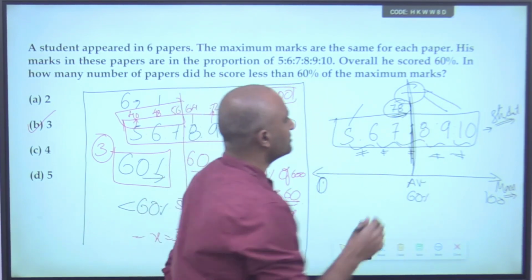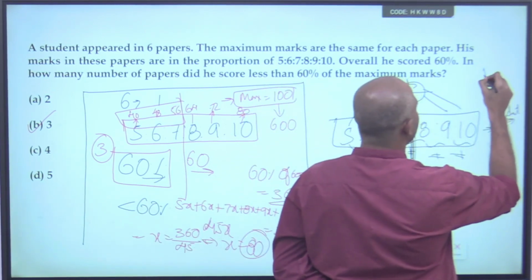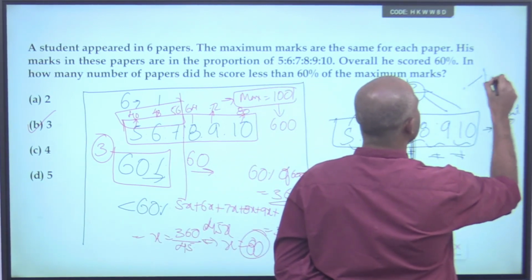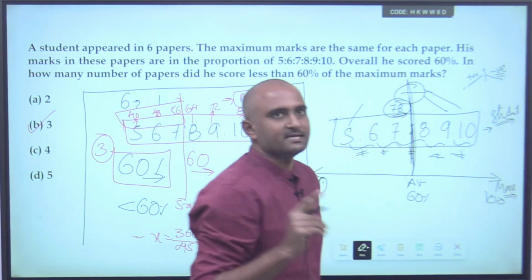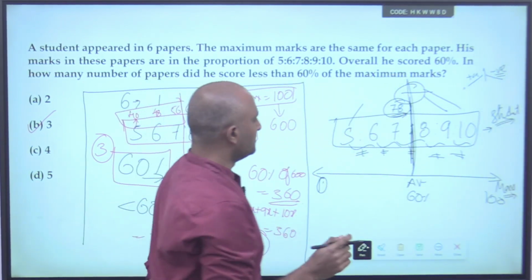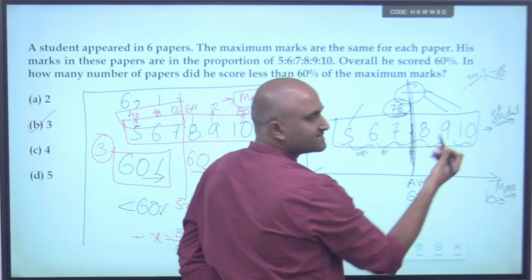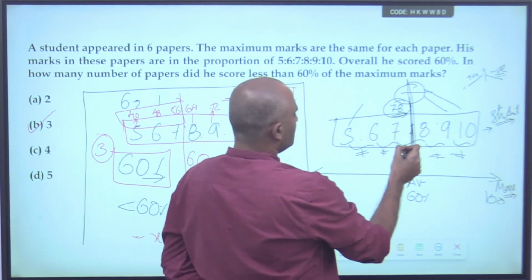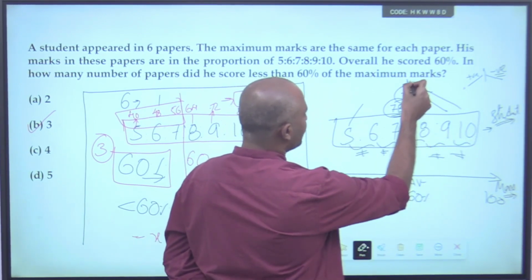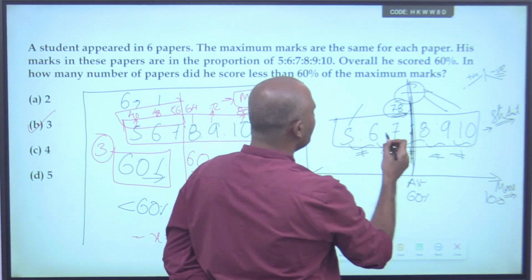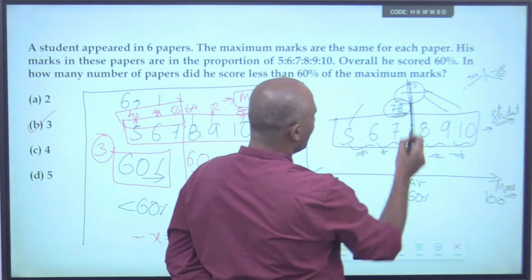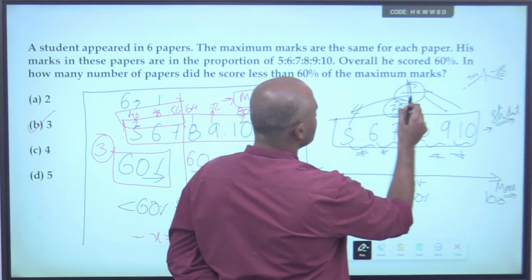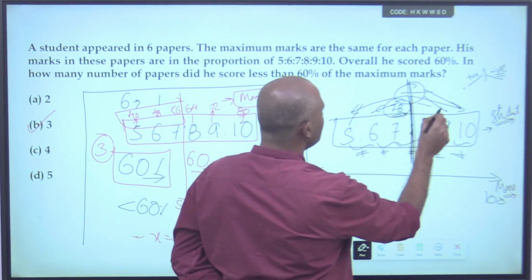Why? Because my deviation method tells us positive and negative deviations are 0 at my average. So, for the deviations to be 0, the real average has to be somewhere in the middle of these two.